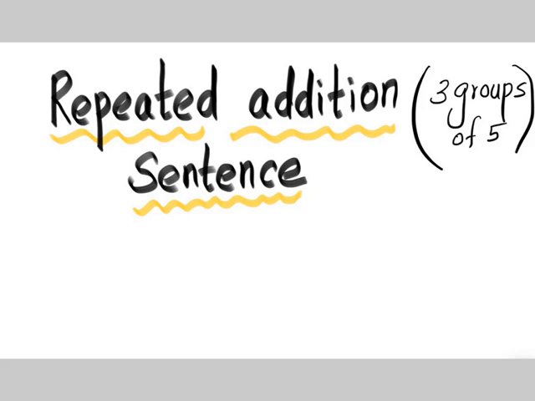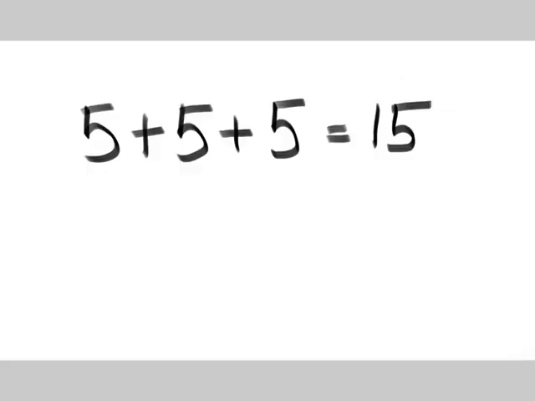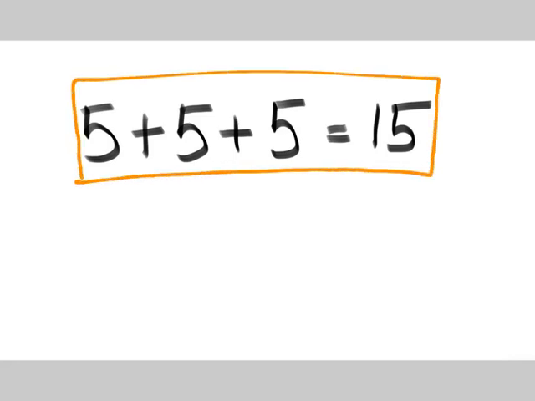So we have to do a repeated addition sentence for 3 groups of 5. Repeated addition sentence is also repeated addition equation. The repeated addition sentence or repeated addition equation for 3 groups of 5 is 5 plus 5 plus 5 equals 15.